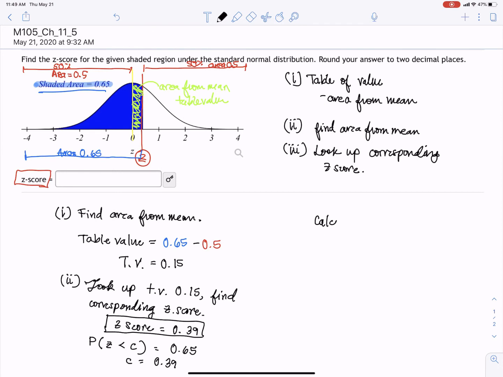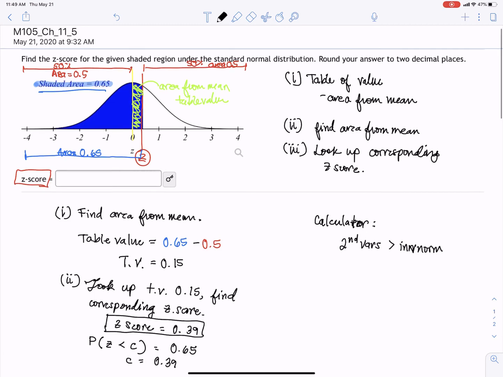Now, the other way that you could do it is the calculator. If you go into the calculator, what you're going to end up doing is going to second vars, which gives you the distribution, and using the inv norm function. What the inv norm does is work its way backwards. It says, give me an area, and then I'll give you the z-score.